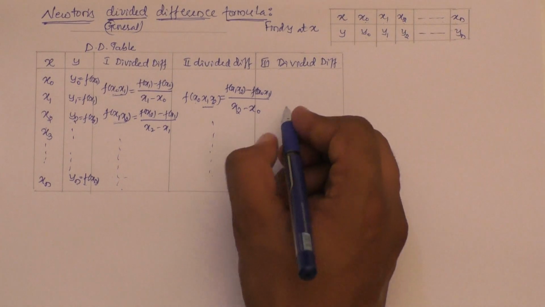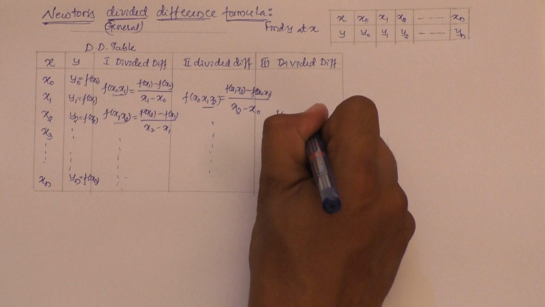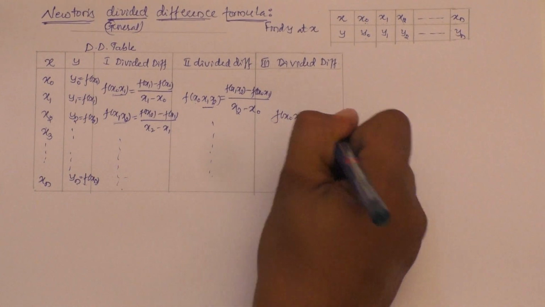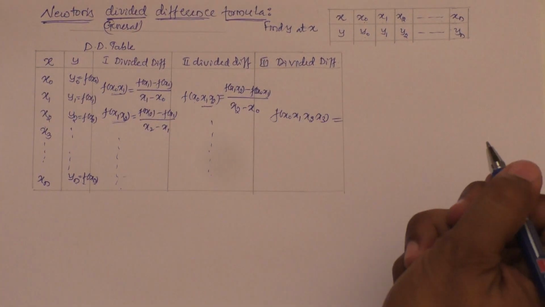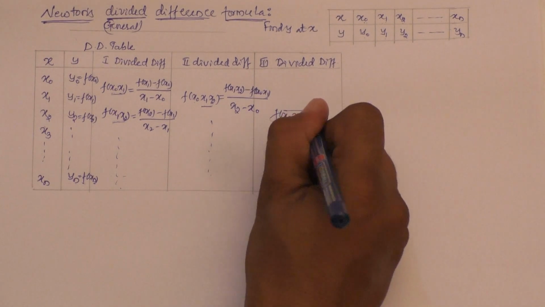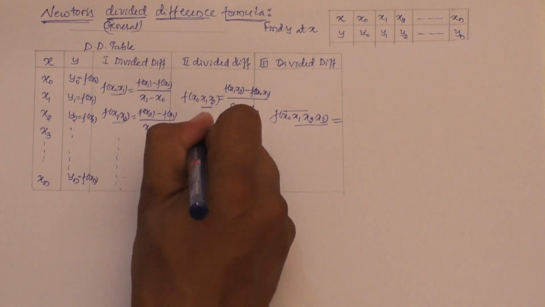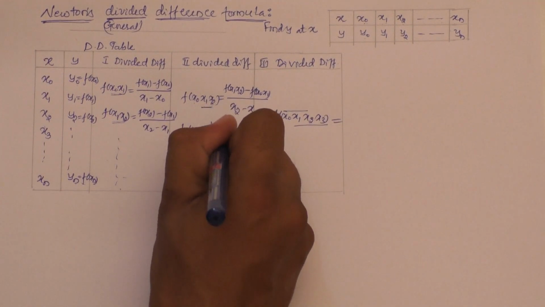Further, the third divided difference is f of x0 x1 x2 x3. This is how we find it. The first value is x0 x1 x2, and the next second value is x1 x2 x3.